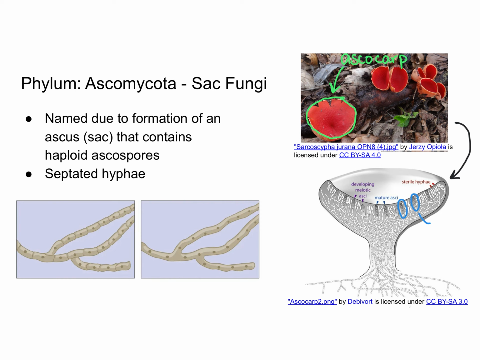Each one of these is known as an ascus, which is singular, or asci, which is plural. You can see that here with these arrows pointing to multiple asci. Within each of these asci, you can see the ascospores. So these little dots inside here are the ascospores.